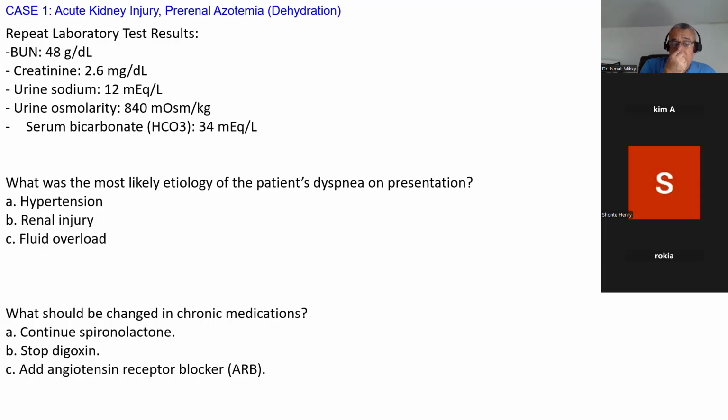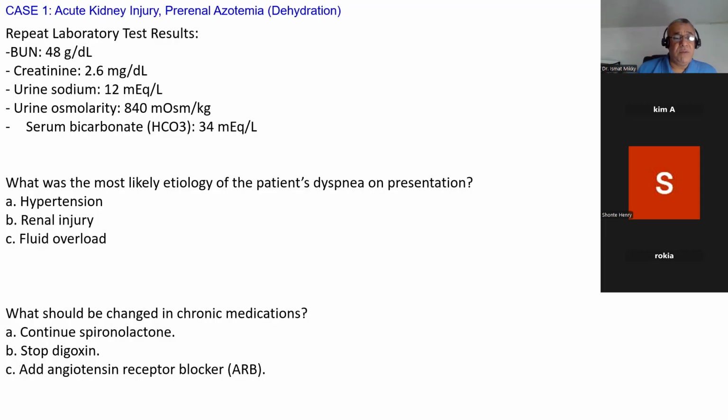So the DIG and spironolactone, they have no effect in the diastolic dysfunction. So there is no point that we add the ARBs to the ACE inhibitor.